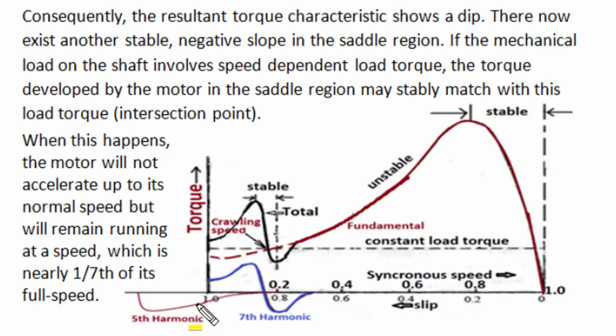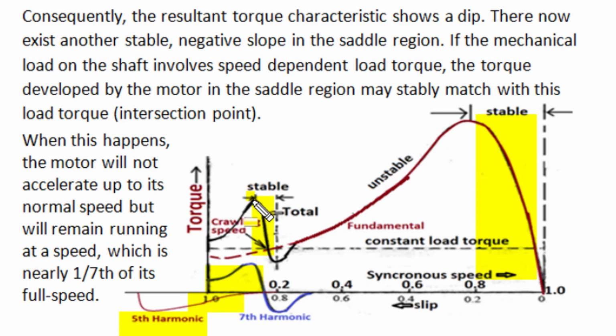If we neglect the small negative braking torque of the fifth space harmonic MMF wave and add the driving torque of the seventh space harmonic MMF wave with the fundamental MMF, then the resultant torque after attaining a peak shows a dip in torque, and this is just like another negative torque speed characteristic, one which lies near the synchronous speed of the fundamental MMF, and this corresponds to the synchronous speed of the seventh harmonic, which is 1/7 of ns speed.